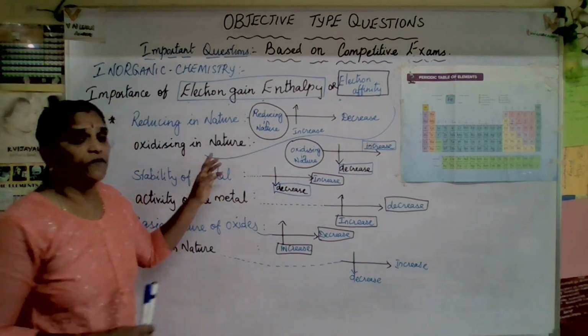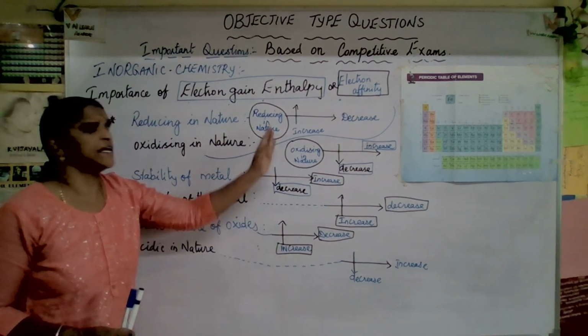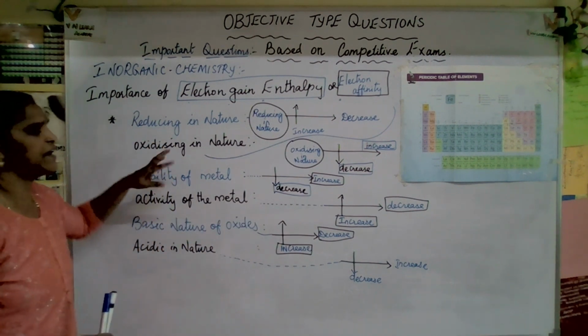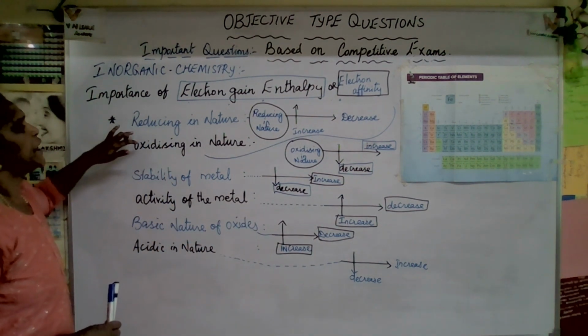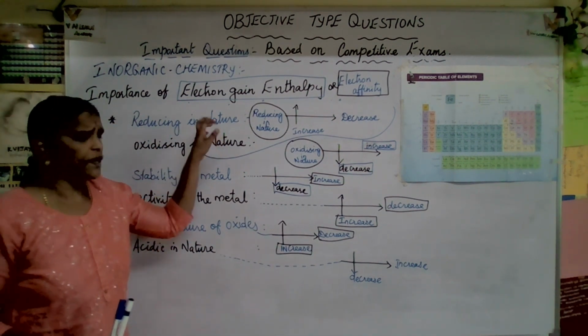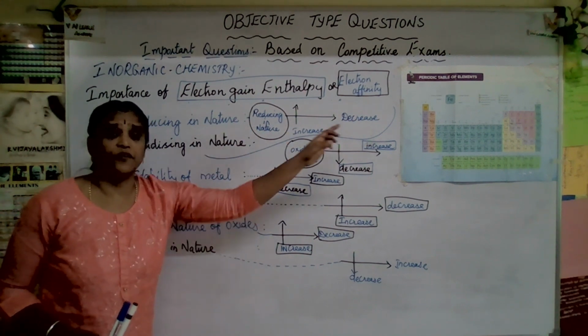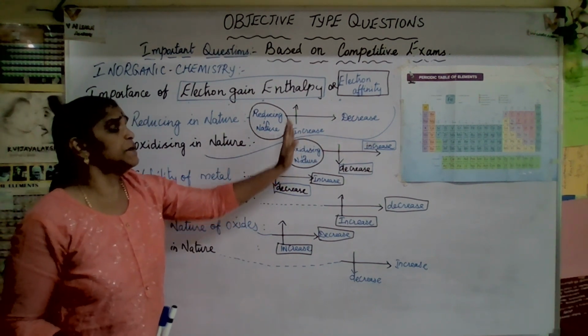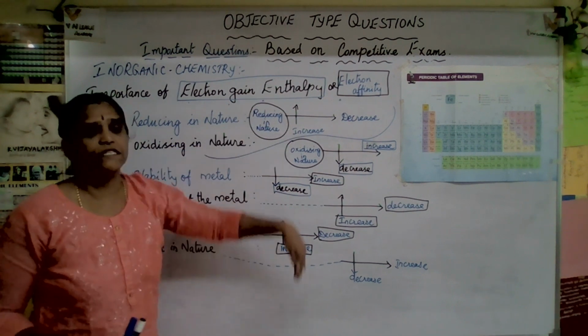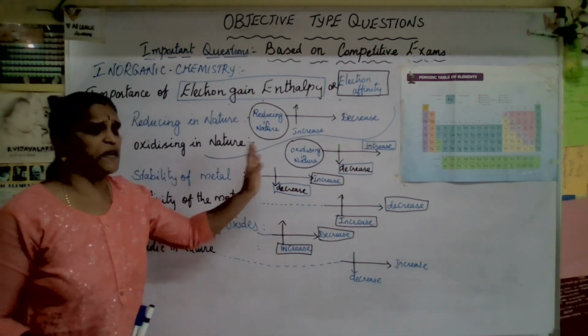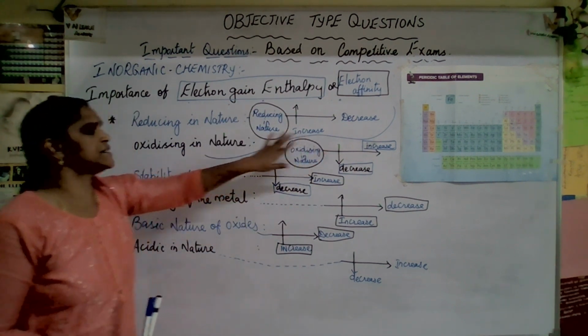In that way, we can recognize them very easily; I have given tips for you. Increase means the arrow goes upward, decrease means it comes down, like that I just mentioned. So you can see it cleanly.